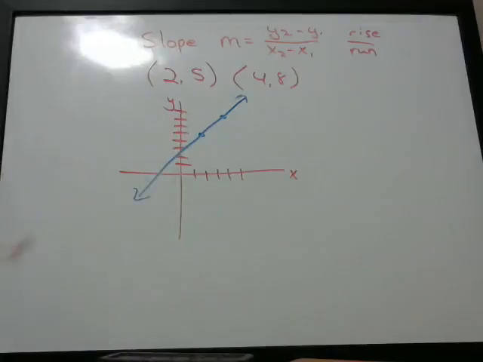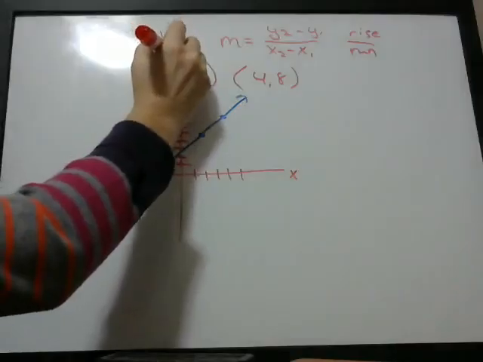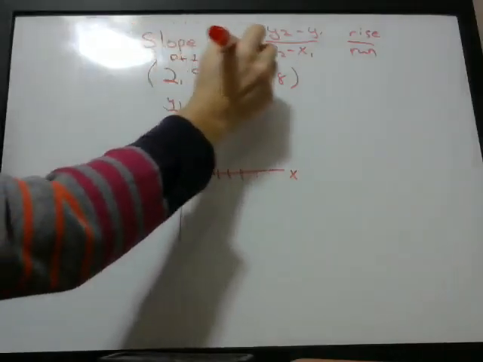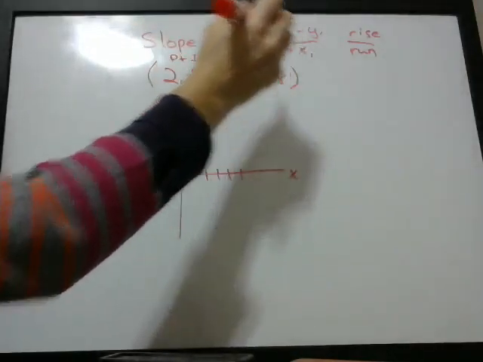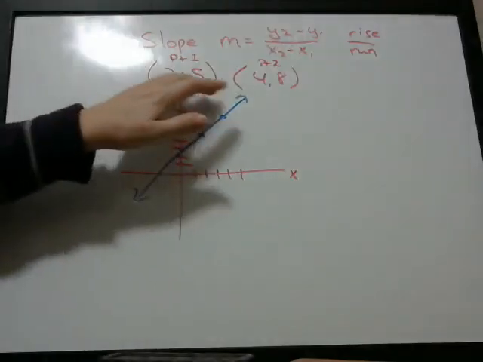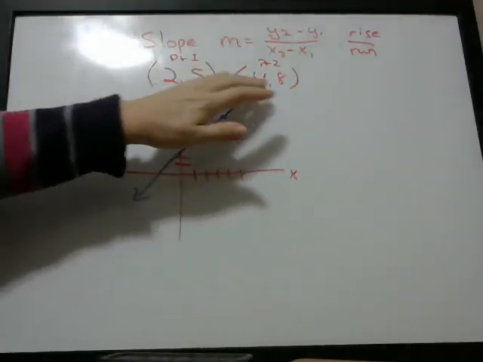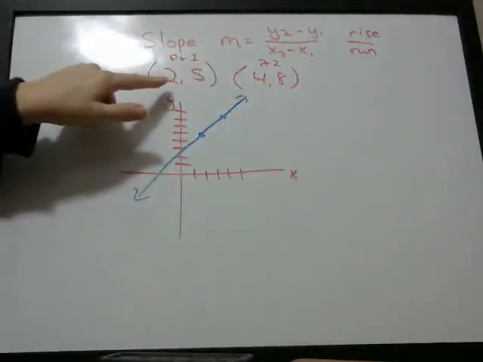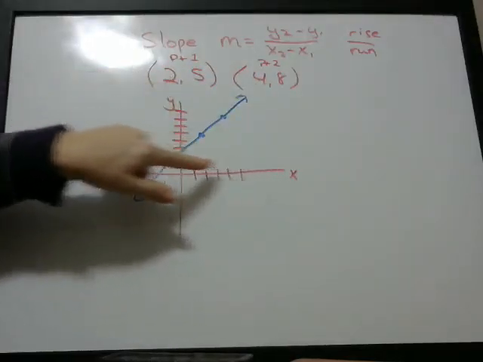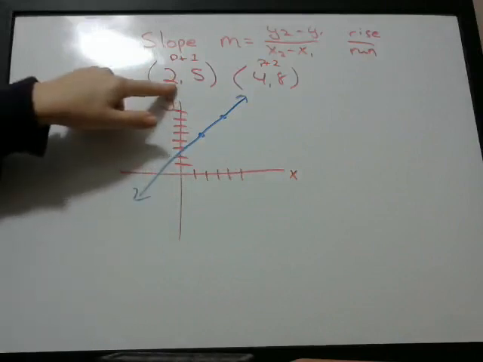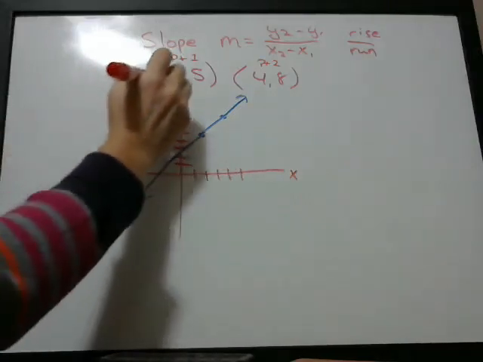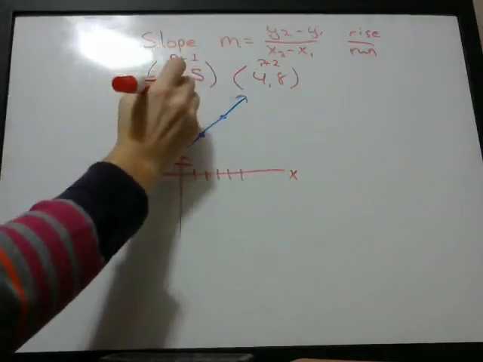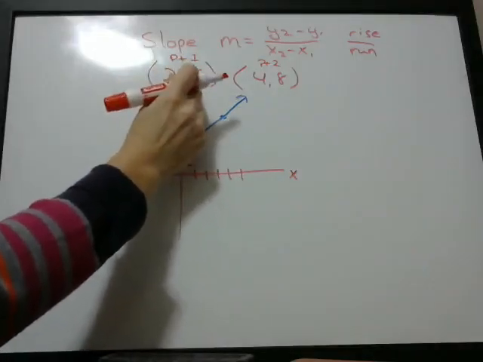So we're going to use the formula. We're going to call this point 1 and this point 2. It doesn't matter which point you call 1 and which point you call 2. It makes zero difference. But we'll call this one point 1, this one point 2. Remember, this is the x component because that's how many spaces we move along the x line. So we'll call this x. Since it's point 1, we're going to call it x1. This is the y component.